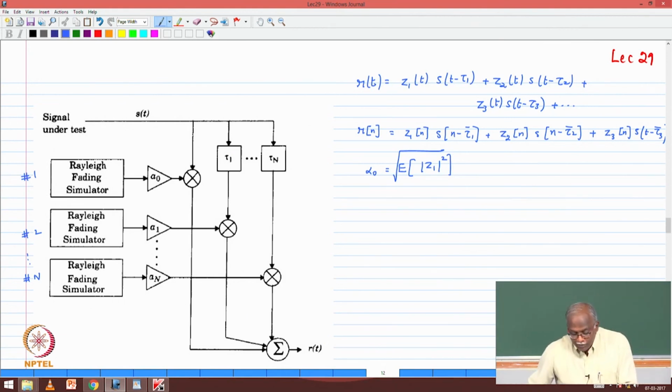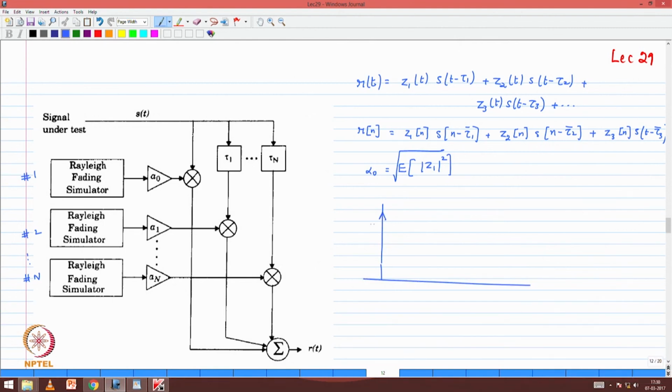So this particular model is implementing the following process. It has a tap at 0 delay, which has a power level of alpha naught squared. This is in the power delay profile. Then there is a second tap at a delay of tau 1, which has alpha 1 squared as the average power.